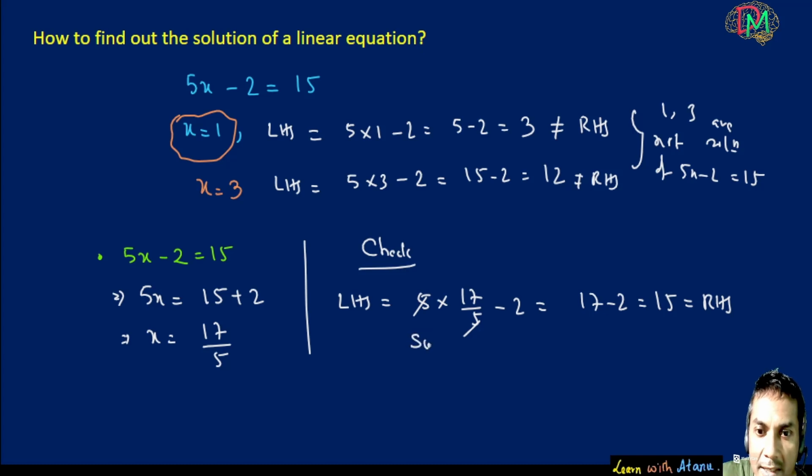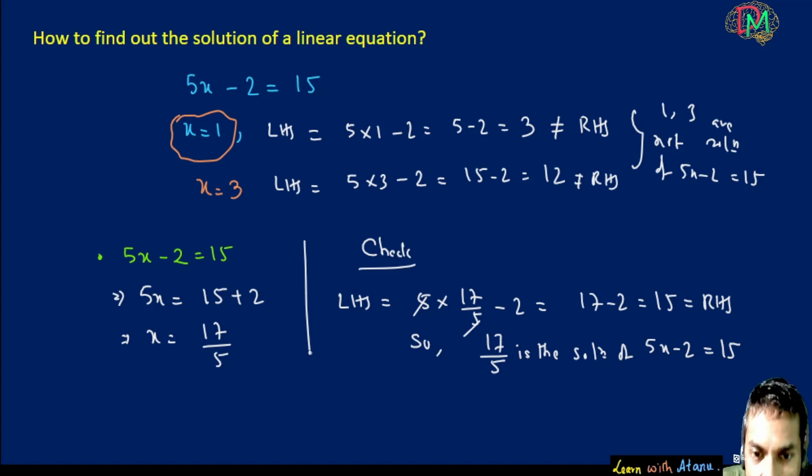So we can say that 17 by 5 is the solution of 5x minus 2 is equal to 15. So it is the value of this variable. If we put the value in the LHS, we get the RHS.